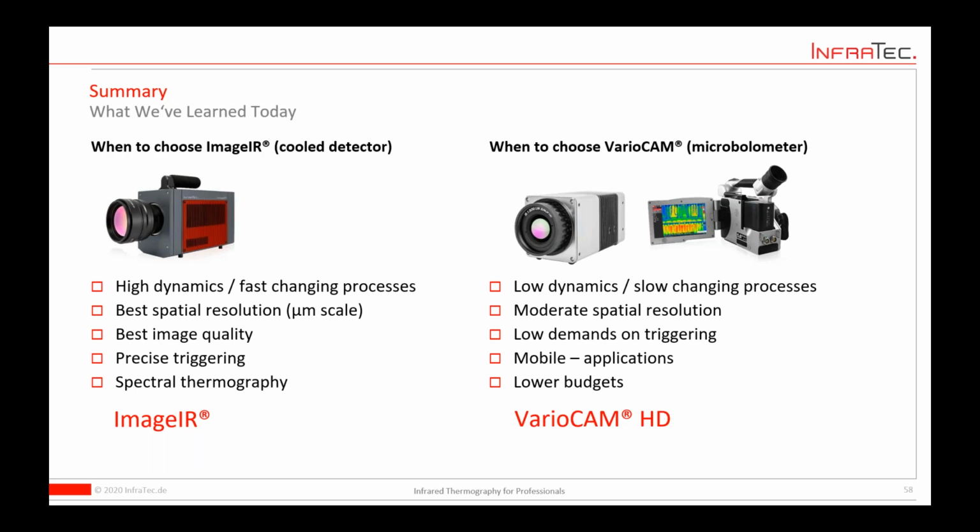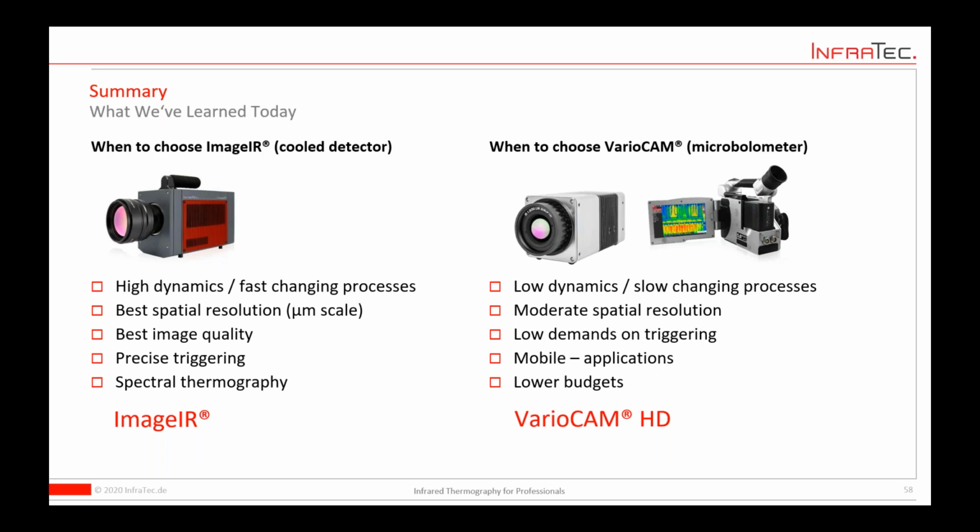You are likely to choose them when you have demands of the best spatial resolution, for instance, in a micrometer scale, the best thermal resolution, the best image quality, precise triggering, and if you have demands on spectrothermography, then these are bullet points for you to consider a cooled camera, more likely an ImageIR from InfraTec.